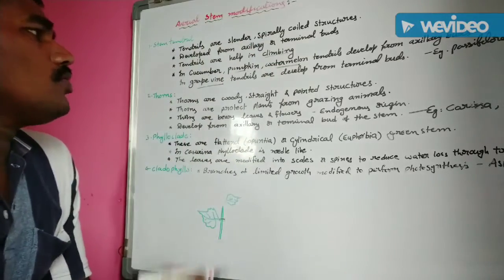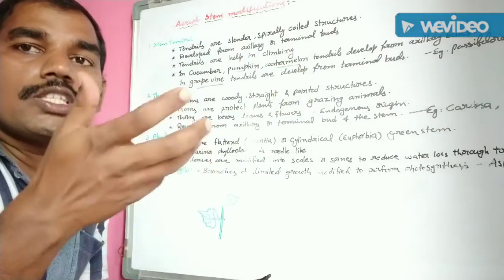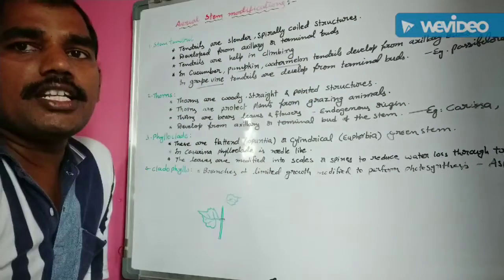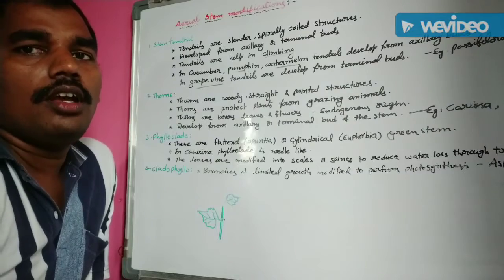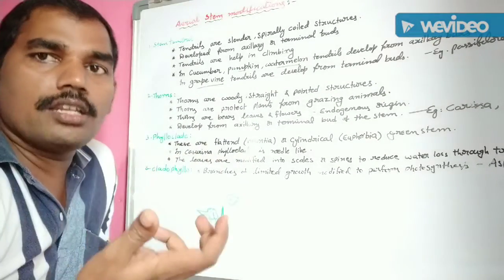Understand? Next one, tendrils help in climbing because the stem is very weak.